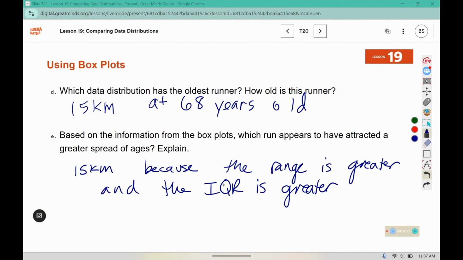If it has greater range and greater IQR, that's more variability. So a bigger spread.